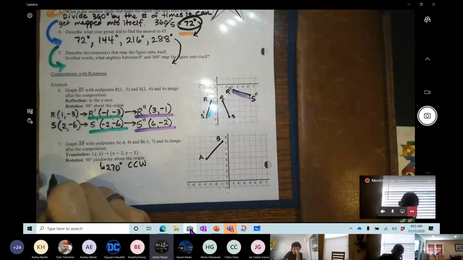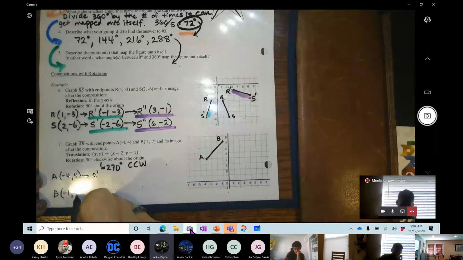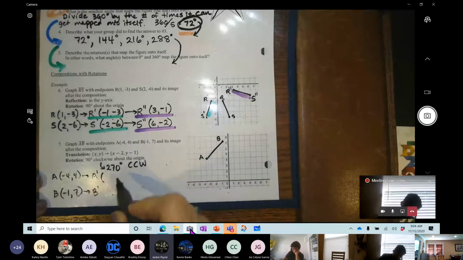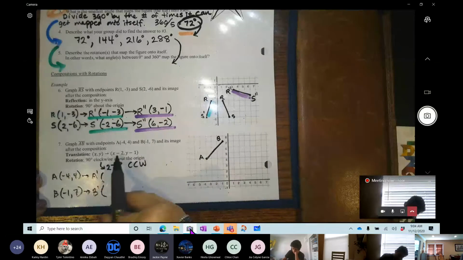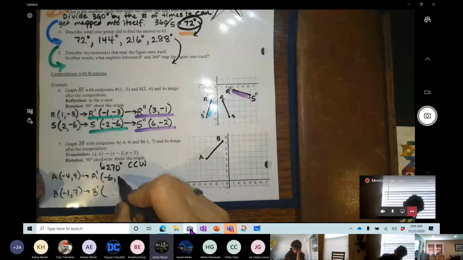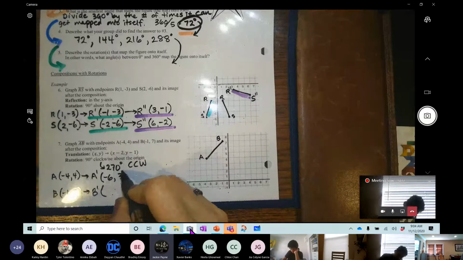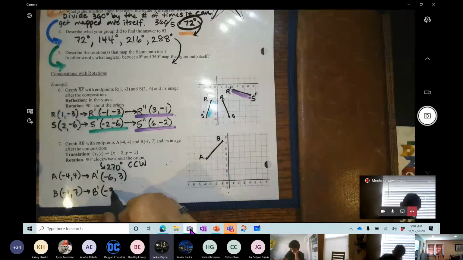So I'm going to start with A and go to A prime. Start with B, go to B prime. If I'm just going to translate it, my x goes down by 2, my y goes down by 1. So -4 minus 2 is -6. 4 minus 1 is 3. -1 minus 2 will be -3.